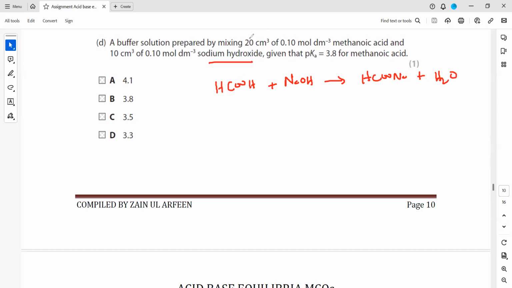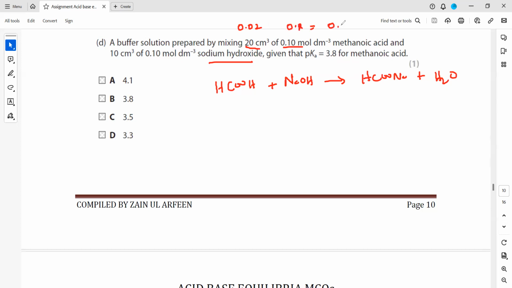Now, if we want to work out the hydrogen ion concentration, first we have to know how many moles of salt will be there and how many moles of acid will be there. So when we mix 20 cm cube of 0.1, 20 cm cube means 0.02 because we divide by 1000, and this is 0.1.